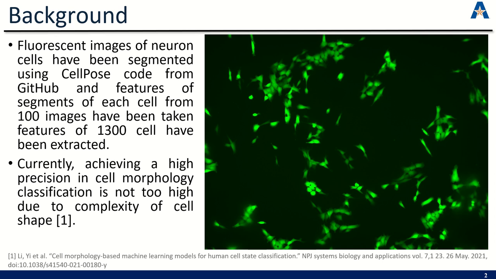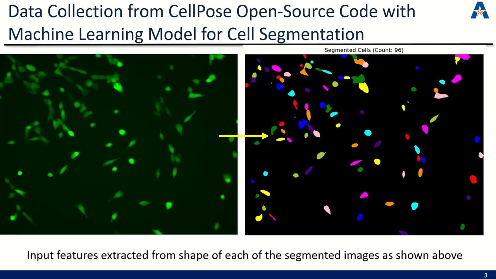I used 10 images and extracted a total of around 1300 cell features for the project. Over here, we can see that after the cell segmentation, it depicts an accurate cell count, meaning that the cells have been accurately segmented.